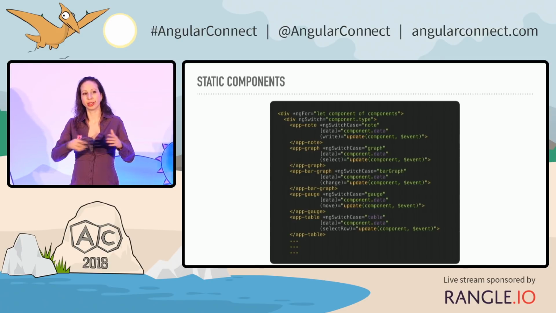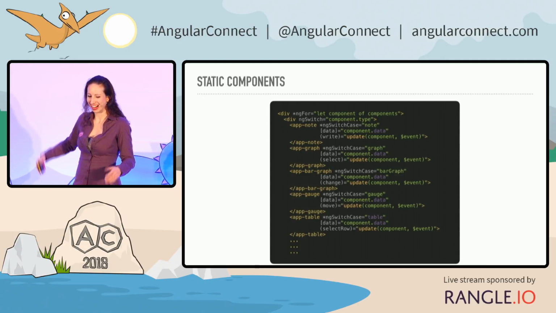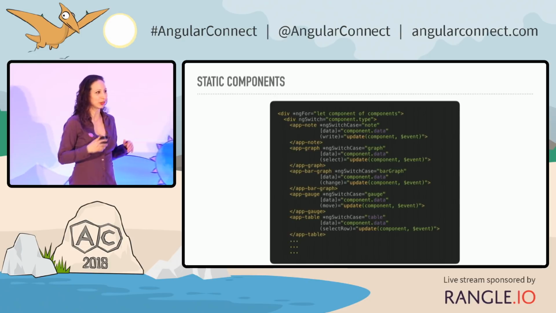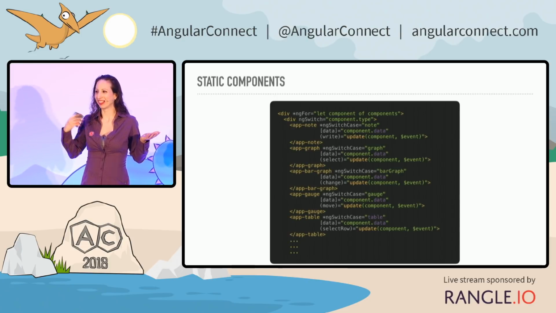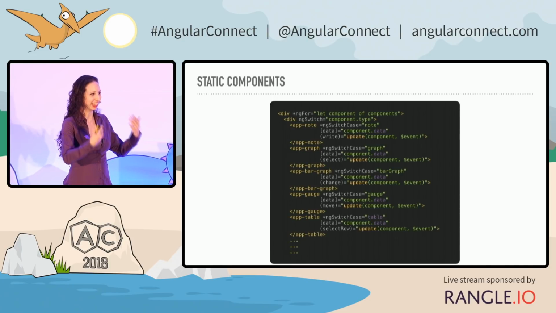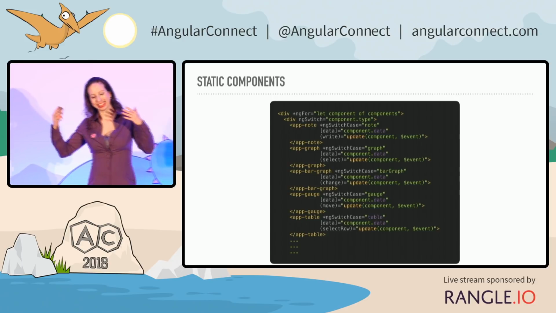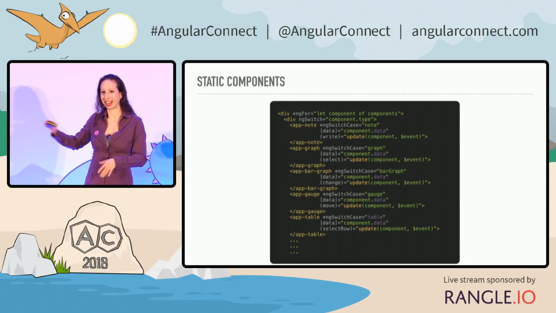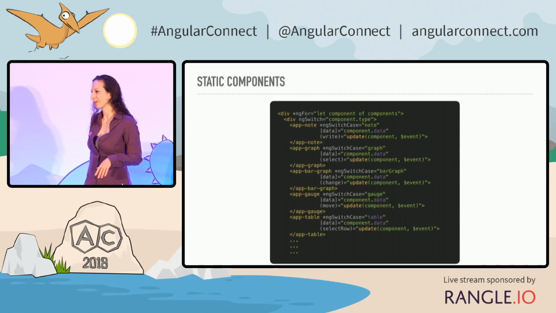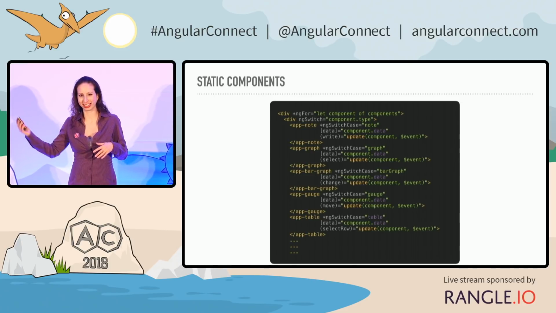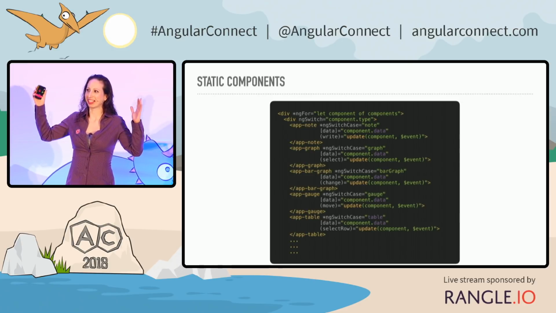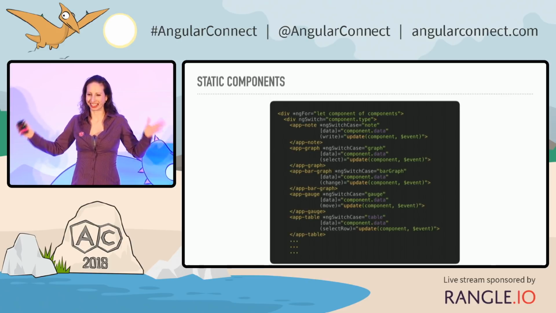And then you're doing an ngFor on this array, and you're doing an ngSwitch to see what type of component you should show. And then you hard code all the types of the components, right? So here you can see only 5 components, but imagine that you have hundreds of them.